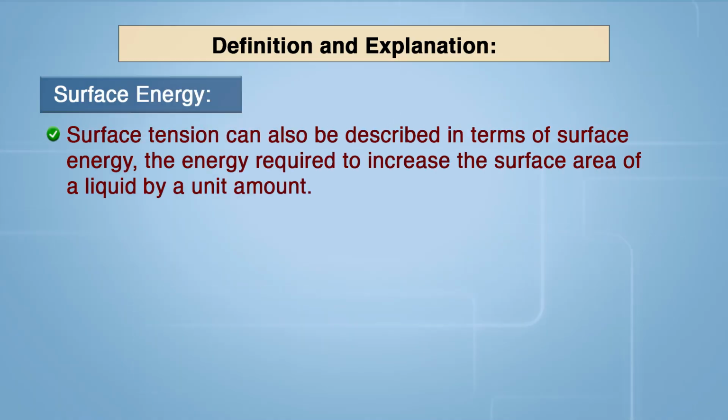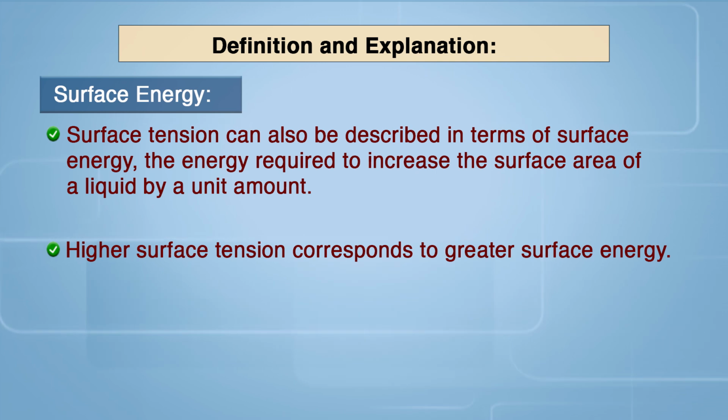When cohesive forces dominate, the liquid forms droplets. When adhesive forces dominate, the liquid spreads out. Surface tension can also be described in terms of surface energy, the energy required to increase the surface area of a liquid by a unit amount. Higher surface tension corresponds to a greater surface energy.